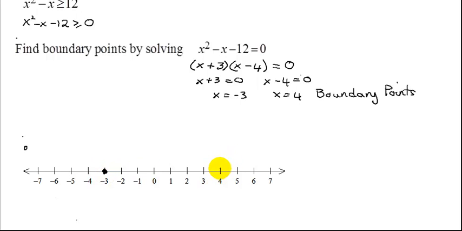And my other one is at x equals 4. So what this does is divide the number line into 3 regions: the region on the left, the region in between the two boundary points, and the region on the right.